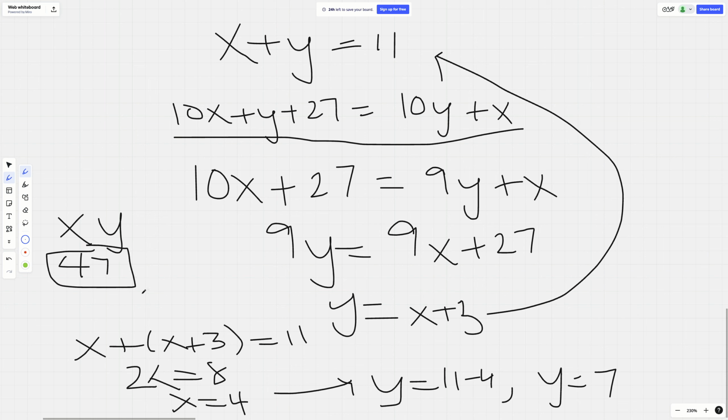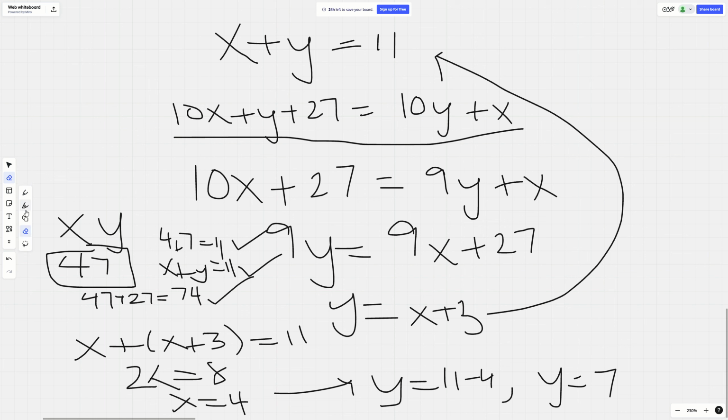And we can also verify that because 4 plus 7, the sum of its two digits, is indeed 11, and 47 plus 27 is equal to its reversed form, 74. Both of these conditions are held true. And so that's how you very simply solve this problem, using algebraic and rather formulaic conversions to actual algebraic equations, and simply solving for unknown variables using the given information from the context of the problem.